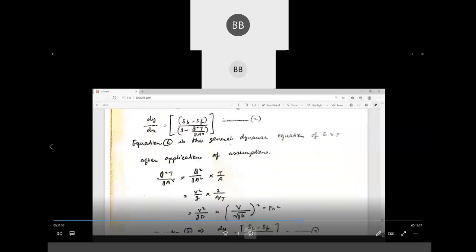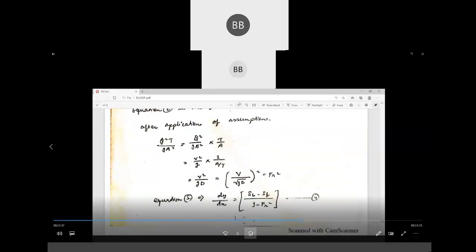After that, you can write this term, Q square T by gA cube, as Q square divided by gA square multiplied by T by A. Q square by A square, you can write V square by g.